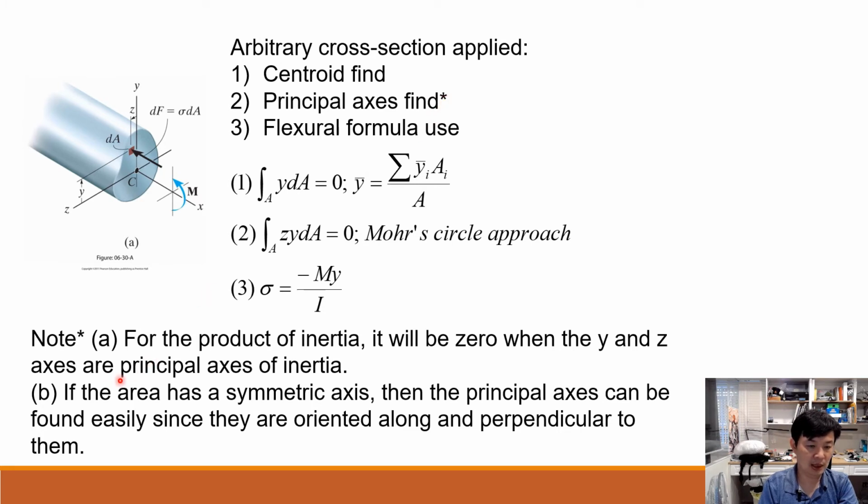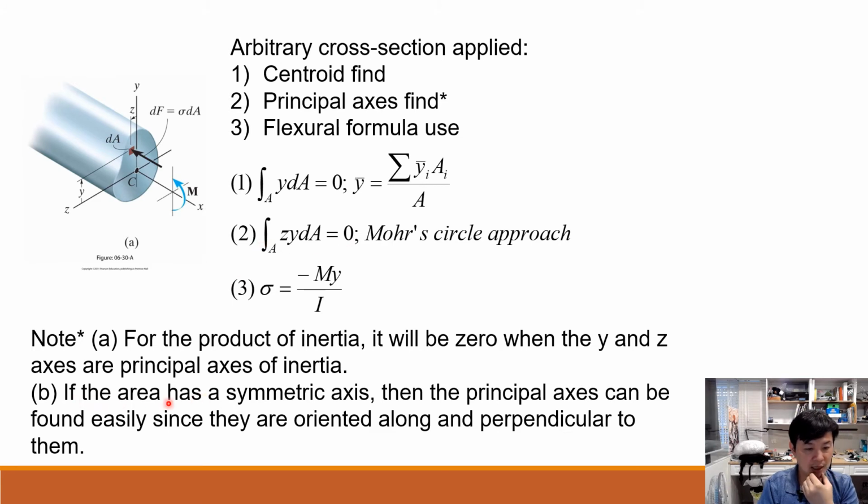So this star note means the product of inertia will be 0 when your y and z are principal axes of inertia. So it means if you set your y and z directions, you need to tilt them in a certain direction and find where the product of inertia, the so-called principal axis of inertia, would be 0.